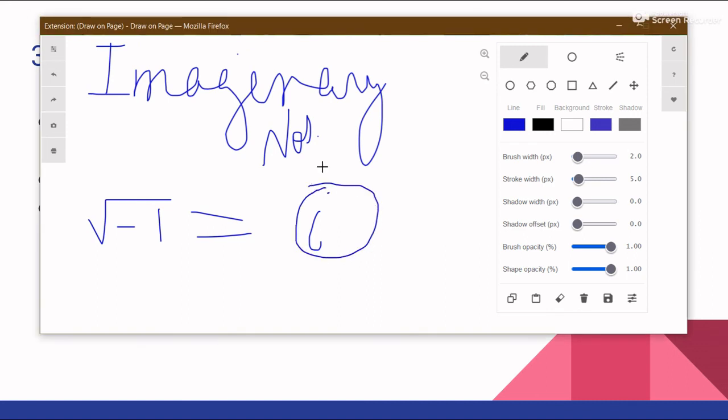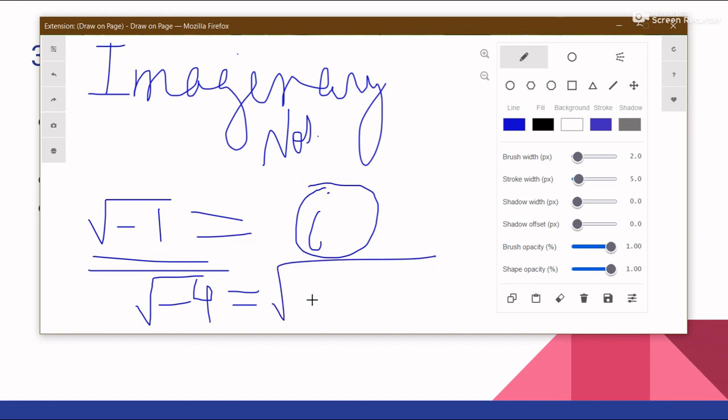We can say this is an imaginary term. This doesn't exist in real life. This is just an imagination. It was created for us because we had to do some calculations like this, right? Just because of this thing, we can calculate the square root of negative 4.